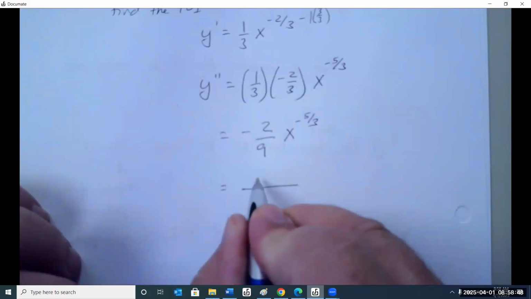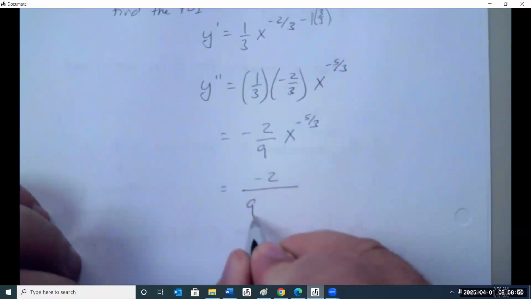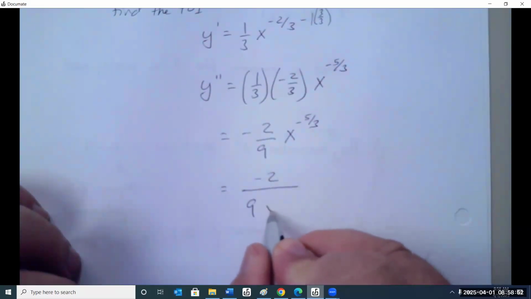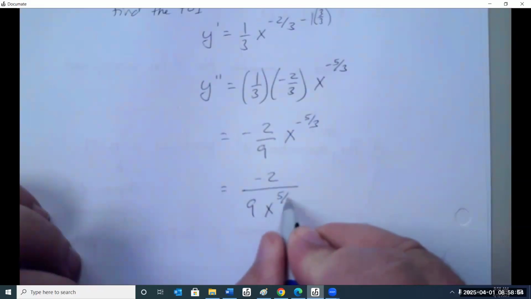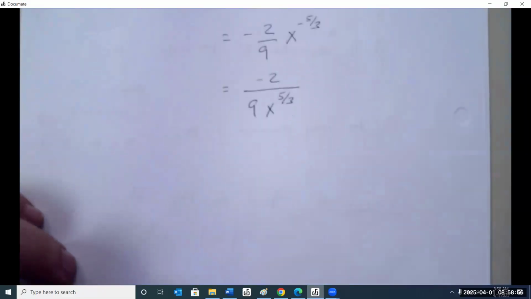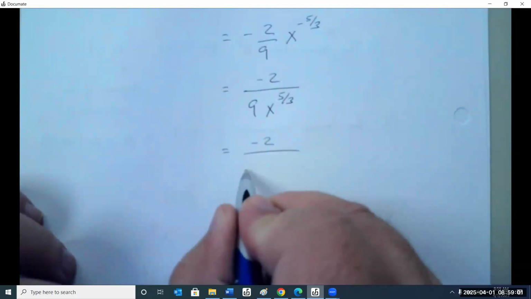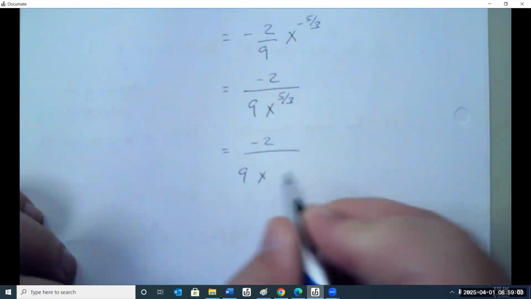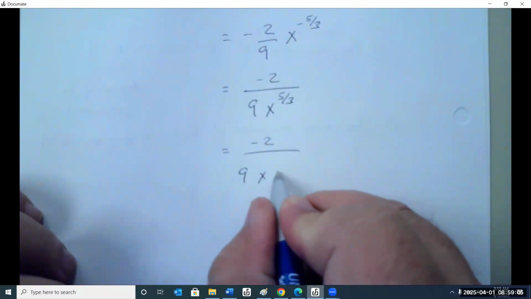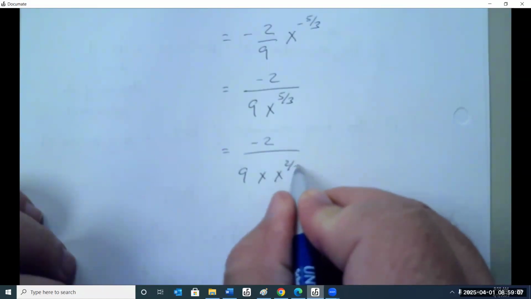Which makes it negative 2/9 over x to the 5/3, or negative 2/9 over the cube root of x to the 5th power.